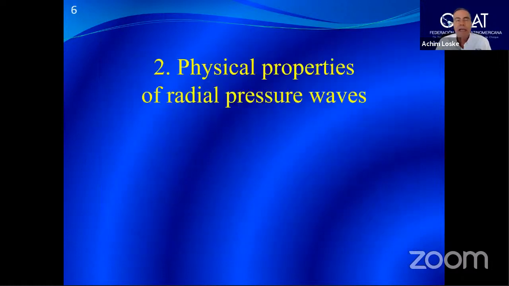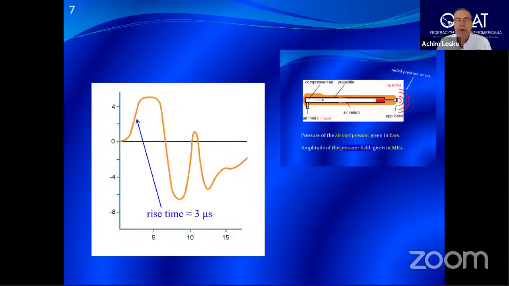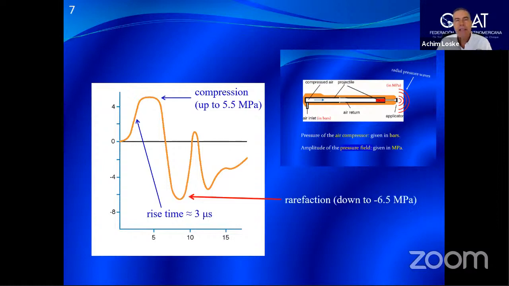For clinical application, it is important to remember that radial pressure waves have a much slower rise time, more or less 3 microseconds, and also a lower compression amplitude, up to 5.5 megapascals. In the negative or rarefaction phase, the negative pressure goes down to more or less -66.5 megapascal.